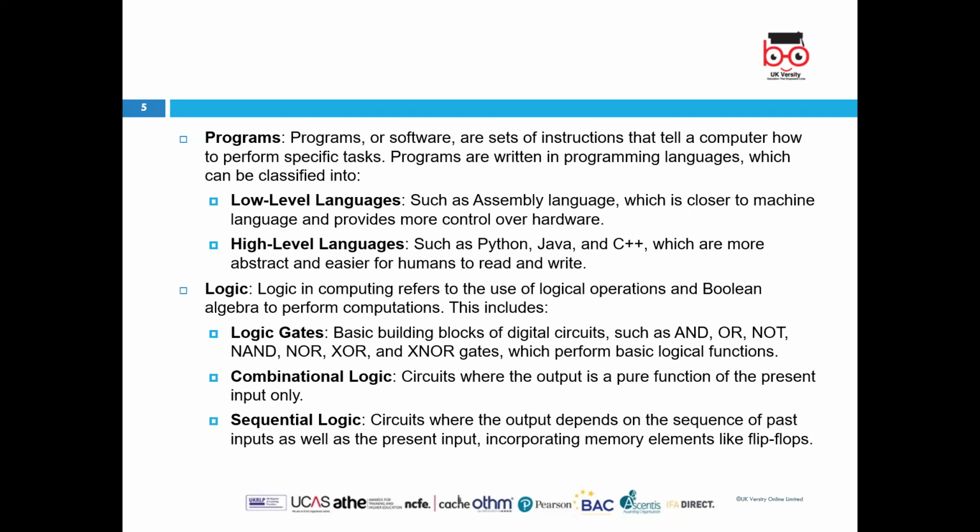Then we have combinational logic, where circuits' output is a pure function of present input only. Then we have sequential logic, where the output depends on the sequence of past inputs.